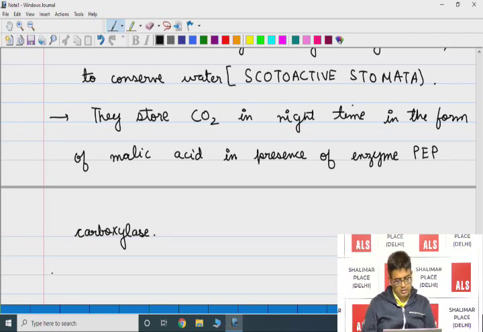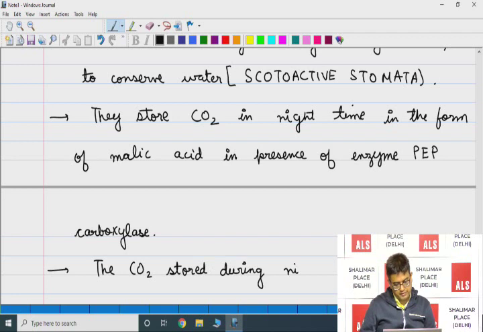Okay. Next, you can write: the CO2 stored during night is used in the Calvin cycle during daytime.